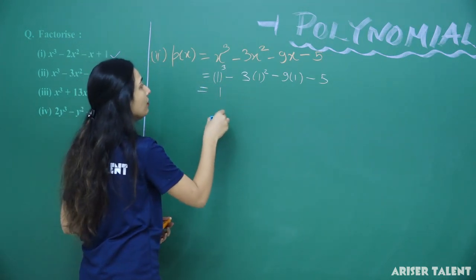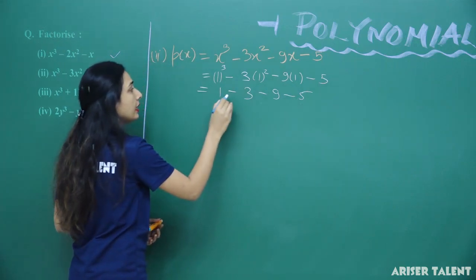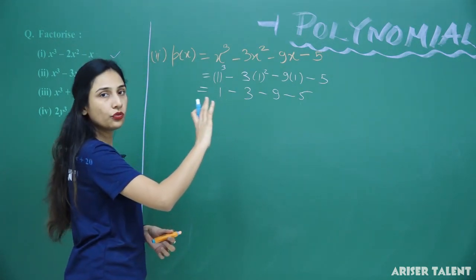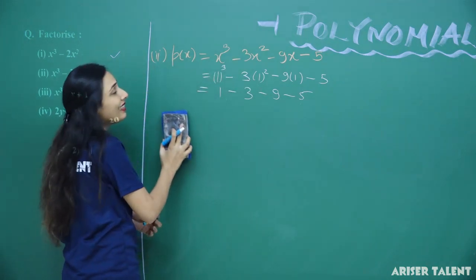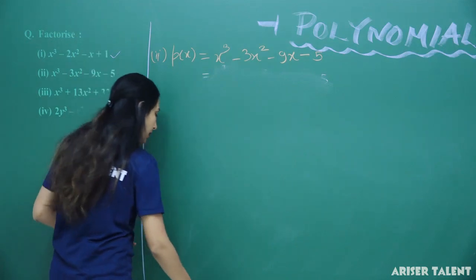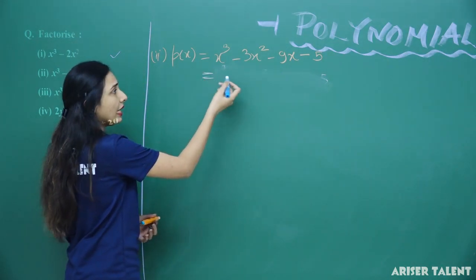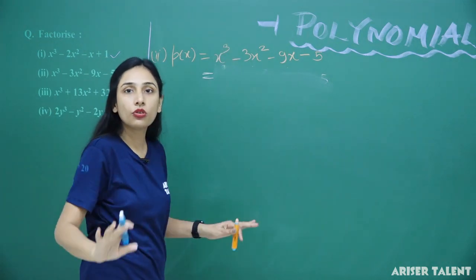So, what will it become? 1, 3, 9, 5. That is way too negative. So, we can easily say that the answer of this can be anything but not 0. I will get a minus 5. So, 0 is not an option at all.